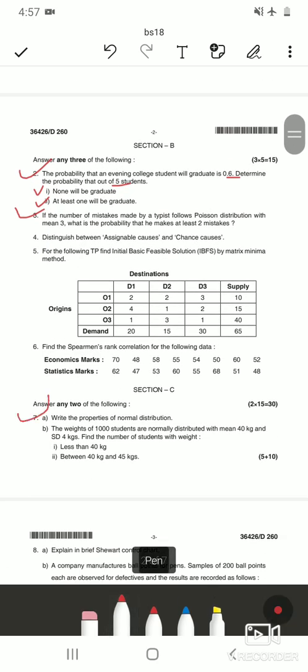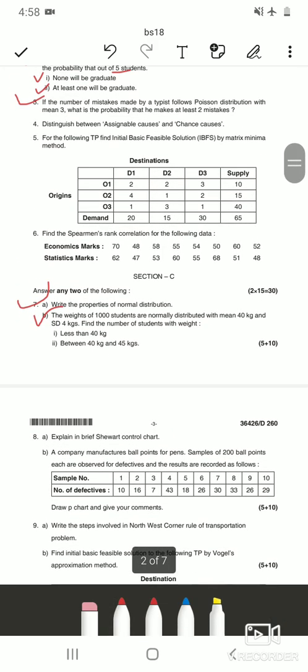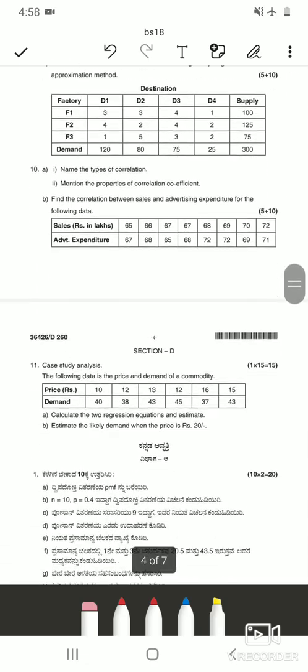And from section C, you have one question completely on normal distribution, where for 5 marks again it is properties of normal distribution, and a similar question like 2019: mean is given, standard deviation is given, it is normally distributed, and they have asked to find how many students have weight between certain kgs. We have solved sufficient problems on normal distribution.